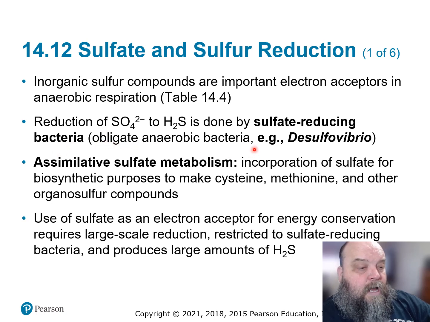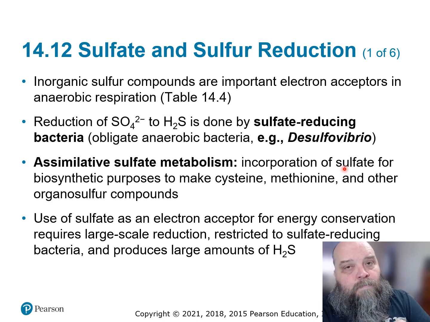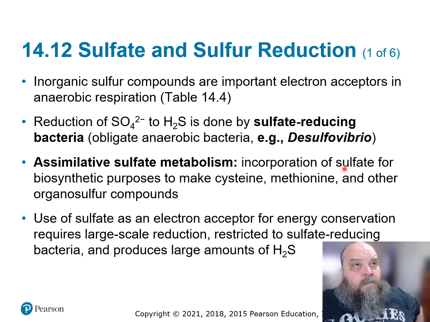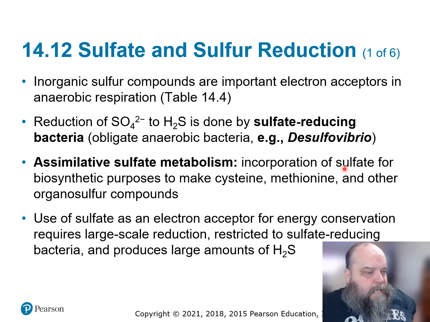Some of these can be obligate anaerobes. Others could be assimilative. They can take in the sulfate and use it for biosynthetic purposes. Remember, amino acids have an amino functional group, and in the previous couple of sections that nitrogen came into play.